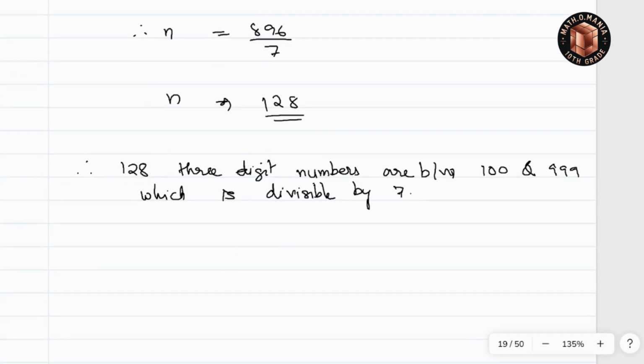That is, how many 3-digit numbers are divisible by 7? Total 128 3-digit numbers are there which are divisible by 7. Clear?